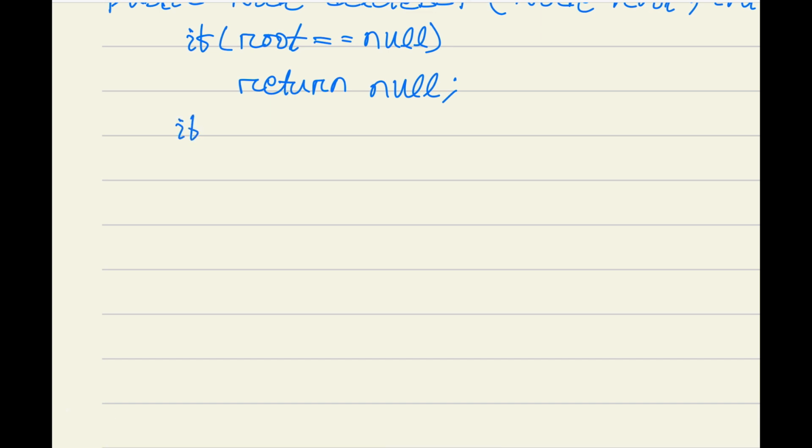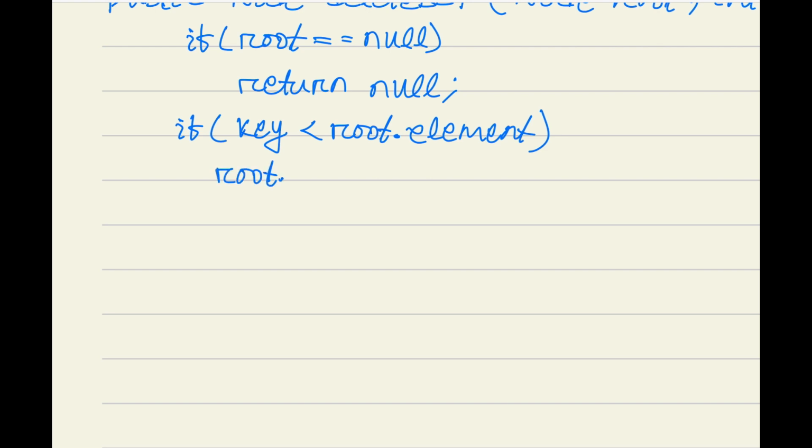Now again we can check if key less than root dot element, then we are going to recursively call the delete BST method on the left subtree and update the left subtree like this.